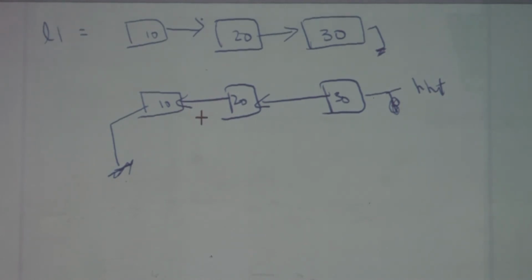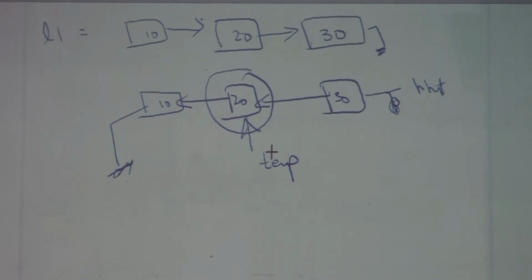And before you do that, you have to store this guy's next somewhere, because you are updating this guy's next. So there are 2-3 activities you have to be careful about. Let's just think you are on this node, you have reached this node. So your temp is here, because you are going through it one by one.